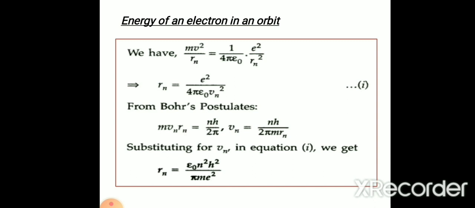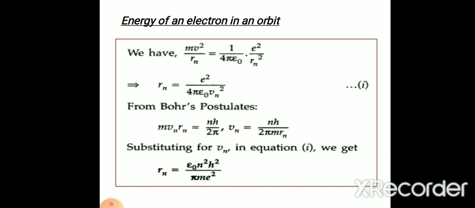We have already studied from Bohr's postulates that the angular momentum of this electron must be an integral multiple of h by 2 pi, or m vn rn must be equivalent to nh by 2 pi.